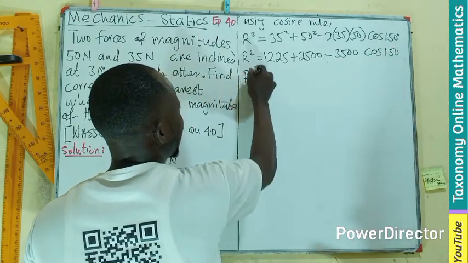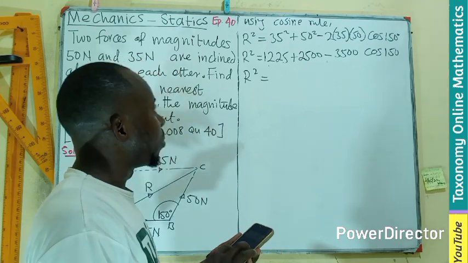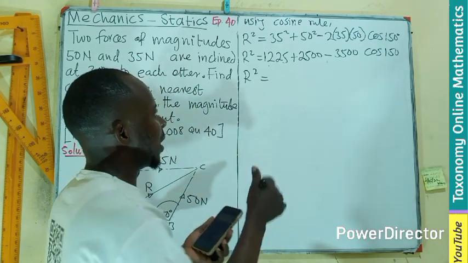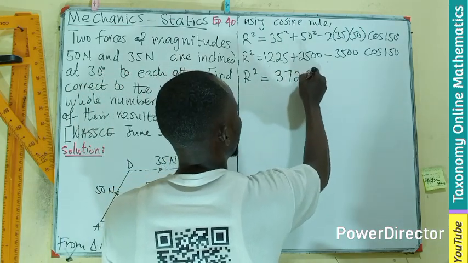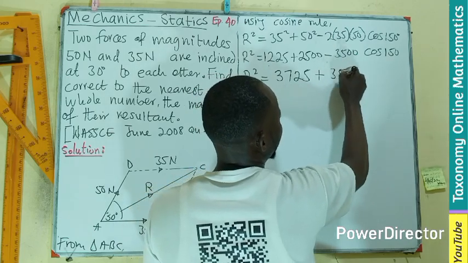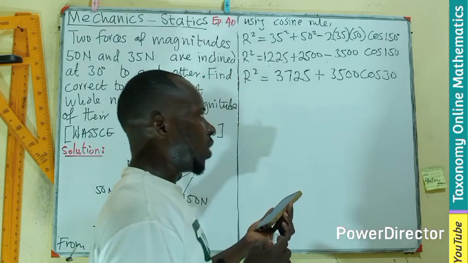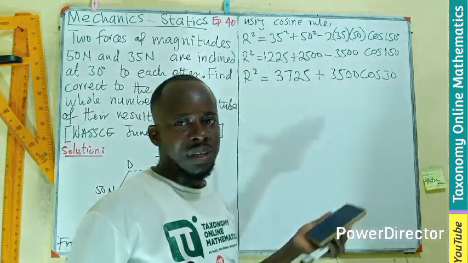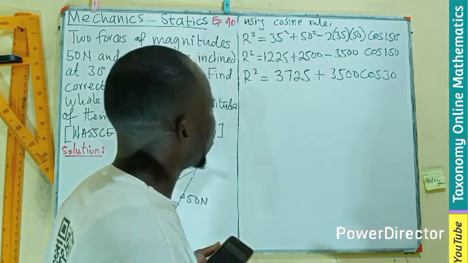I can maintain this and add 1225 plus 2500, and that should give us 3725. Here I am going to say plus 3500 cos 30. You will get the same answer if you make it minus and maintain the 150. I'm only trying to follow the series that we did from the previous episode.